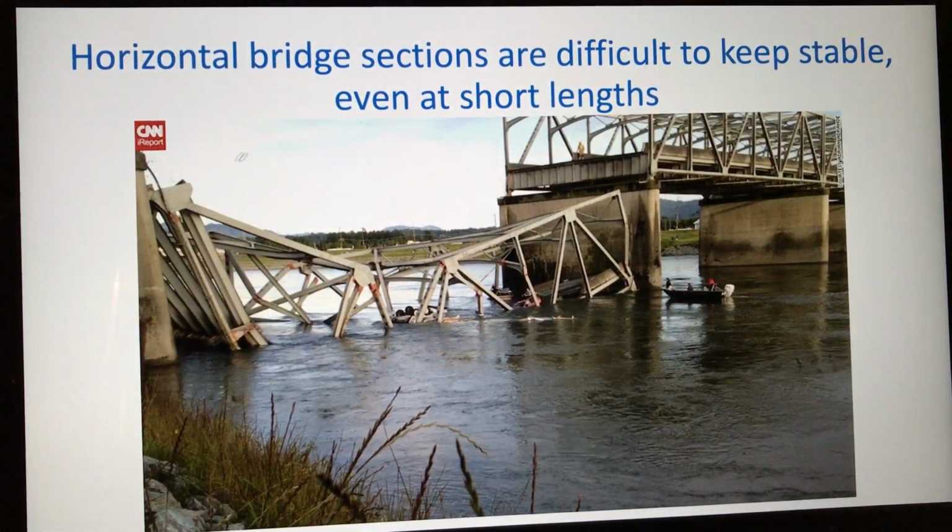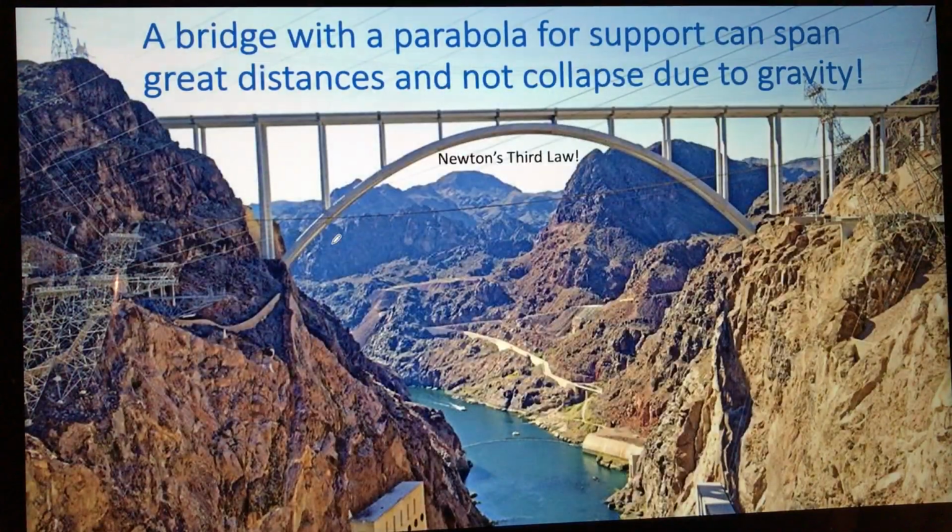Horizontal bridge sections are difficult to keep stable, as we see here. But a bridge with a parabola for support can span great distances and not collapse due to gravity. Because gravity is pulling it down, the arc pushes back up and keeps this roadway safe.